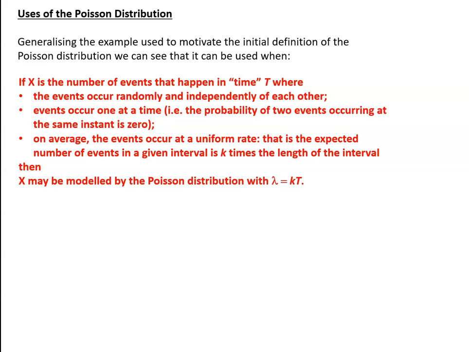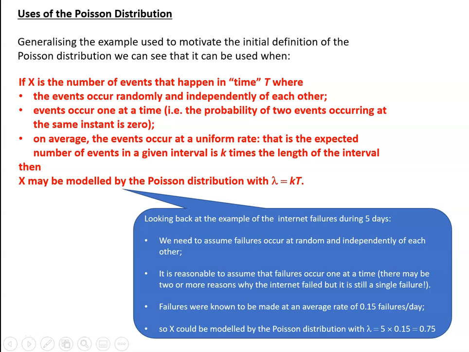And that on average the events occur at a uniform rate. That is, the expected number of events in a given interval is k times the length of the interval. If we've got that, then the random variable x may be modelled by the Poisson distribution, where lambda equals k times t.